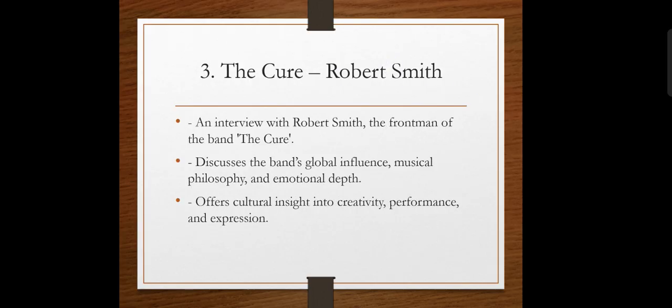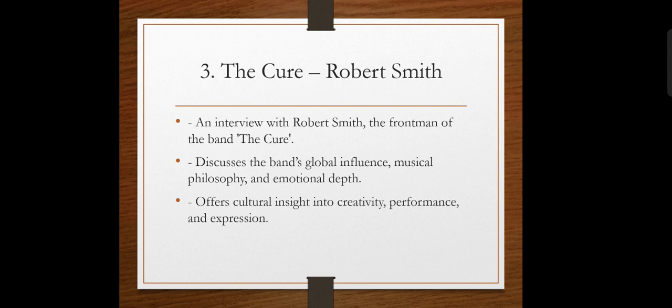Then we have The Cure by Robert Smith. This chapter is an interview with Robert Smith, the lead singer of the iconic alternative band The Cure. Though not scientific in content, it is included to expand our understanding of expression, identity, and cultural influence through language and art.